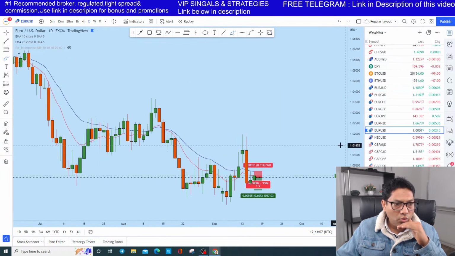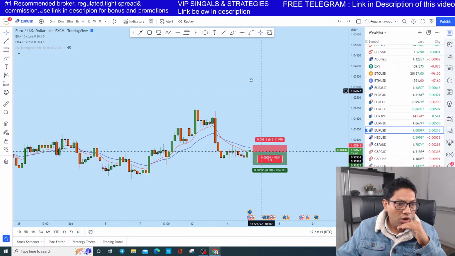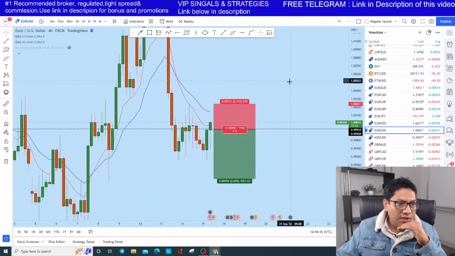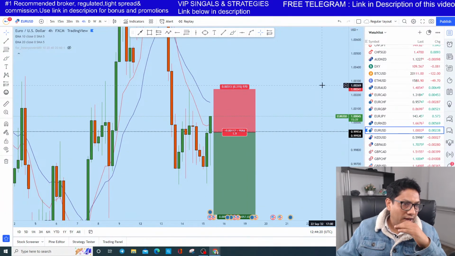Now euro dollar, we see some upward movement, but I still believe that euro dollar will drop. It might even create a lower high here, and let's see what happens.